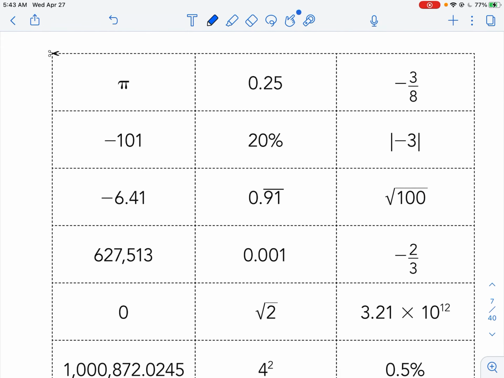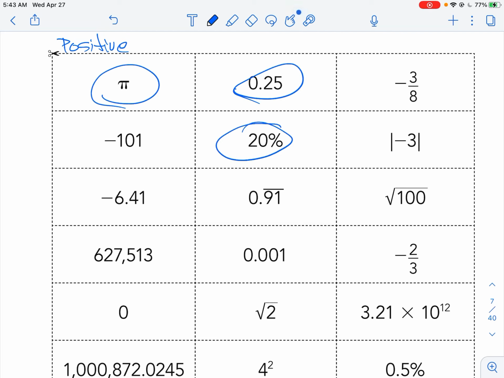Okay, so if I was to do positive, I'm going to go through and circle all the positives. Positive, positive, positive. Now, some of you are going to say on this one, that's a negative. But these bars right here, those are absolute value. It means the distance from 0. So the answer to that is actually 3, because it's 3 away from 0.